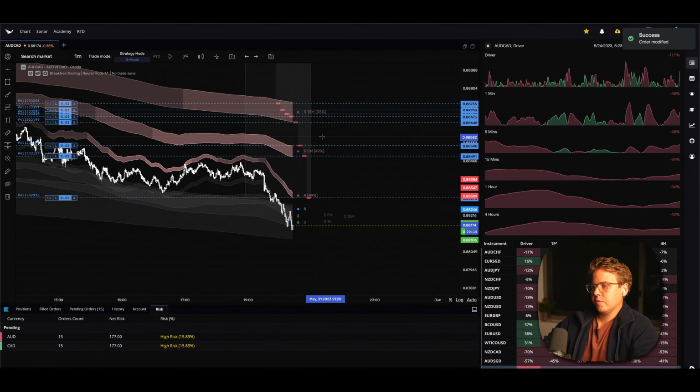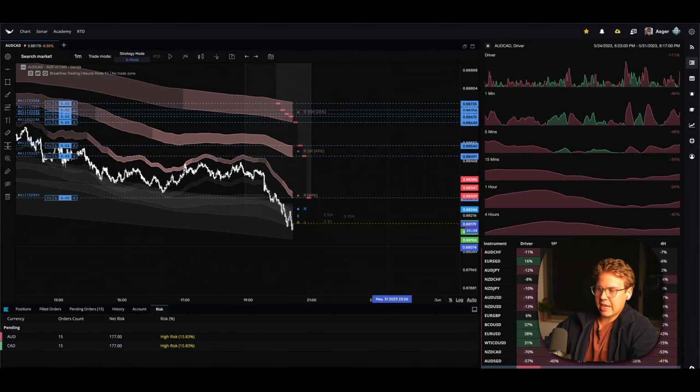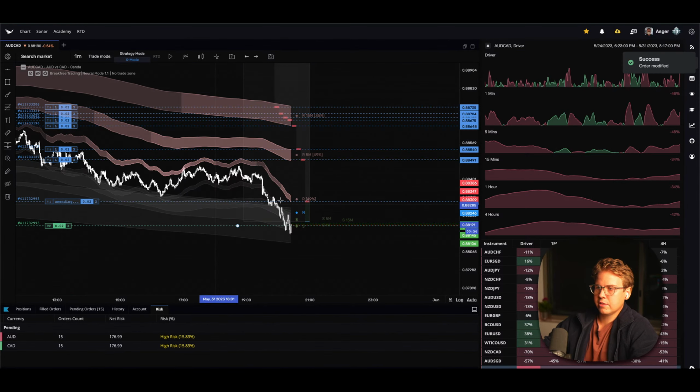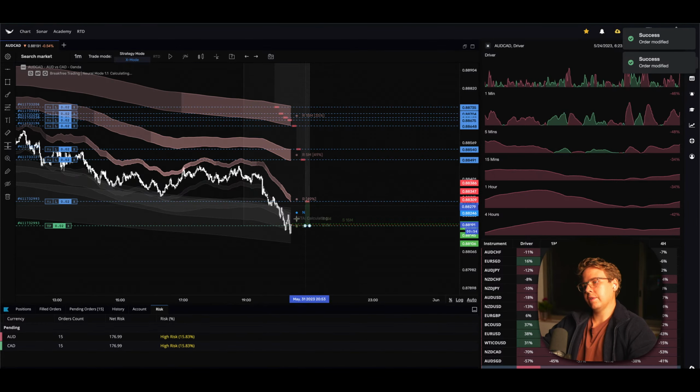And all we're looking for really when we're getting these entries, especially on 1 minute, depending on exactly the strength of the driver, we either target the neutral or the next support down here, like that, right?